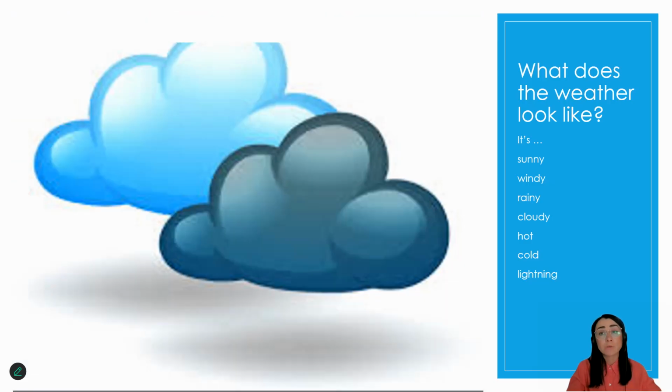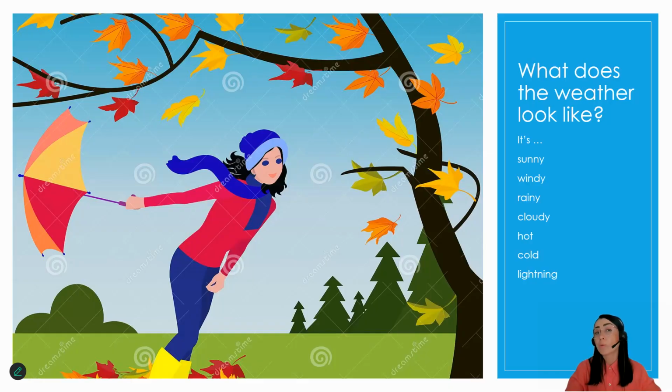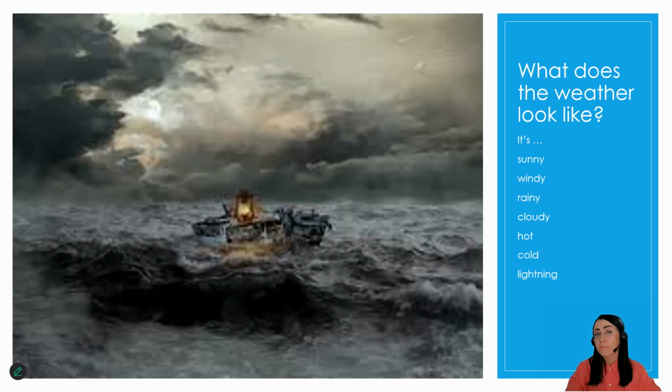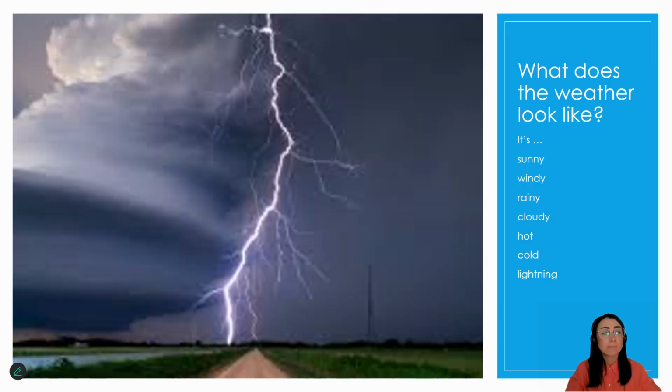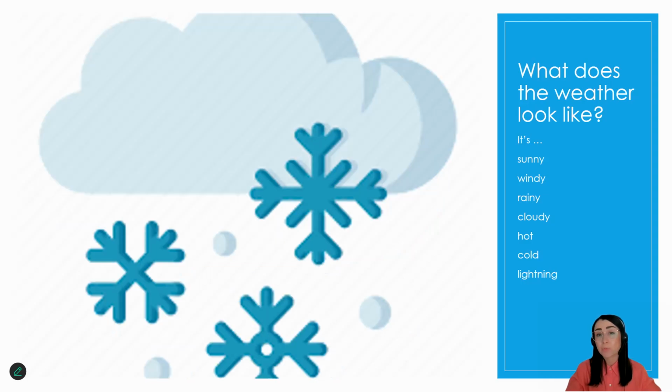Do you like cloudy weather? Do you like hot weather? Do you like windy weather? Do you like stormy weather? Do you like lightning? Do you like rainy weather? Do you like snowy weather?